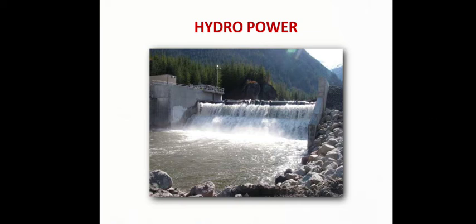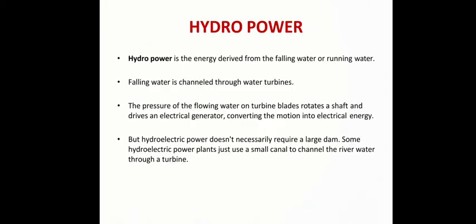Next is hydropower energy. Hydropower energy is derived from falling water or raining water, and it is channeled through a water turbine. The pressure of flowing water on a turbine blade rotates a shaft and drives an electrical generator, converting the motion into electrical energy.